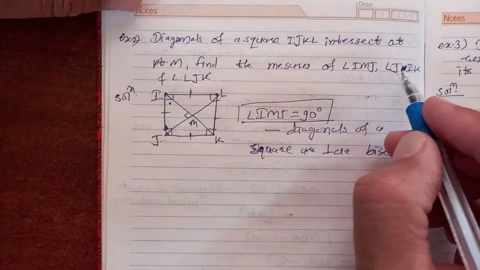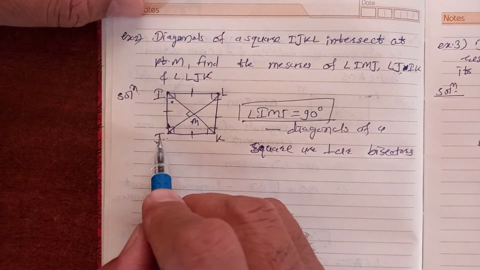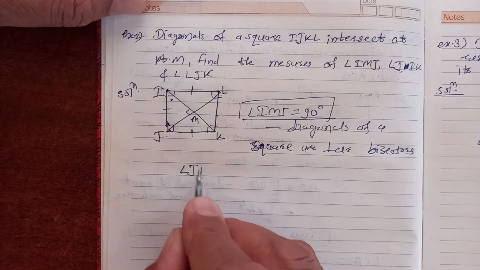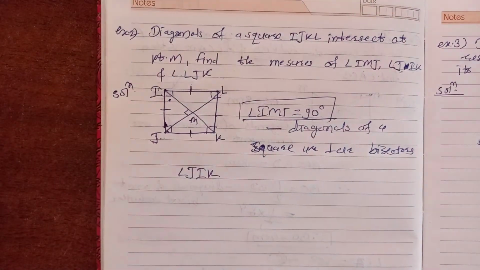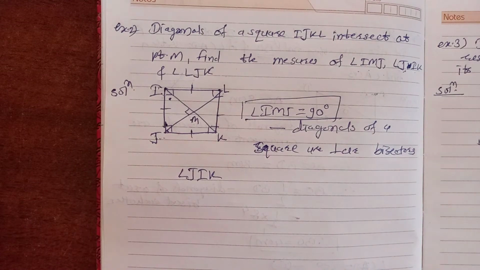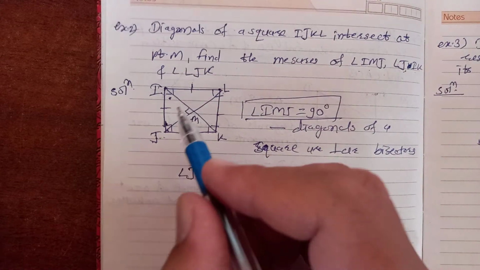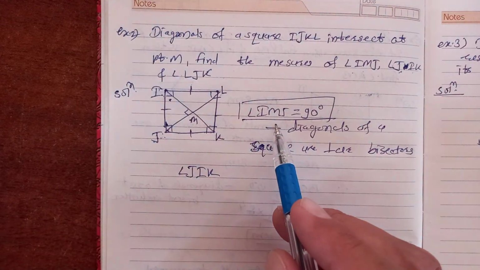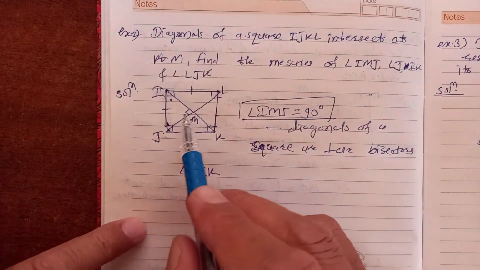This angle ZIK. So JIK means then what is the measure of this angle JIK? ZIK. Now it is given, first one. Here we found this is 90.